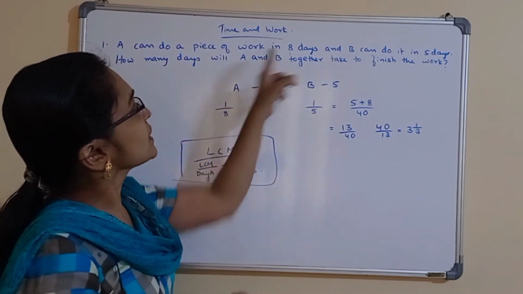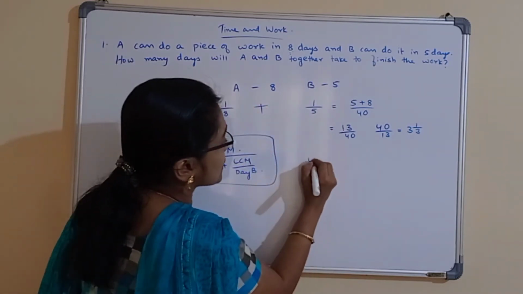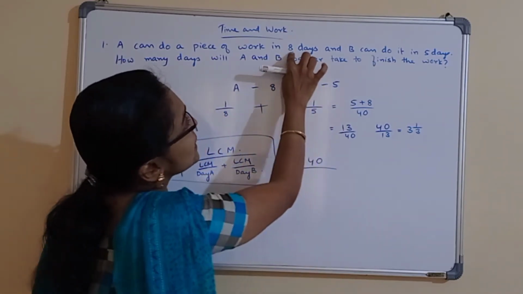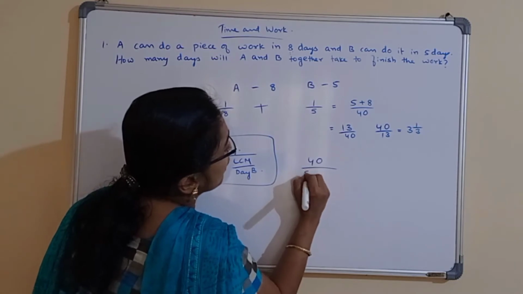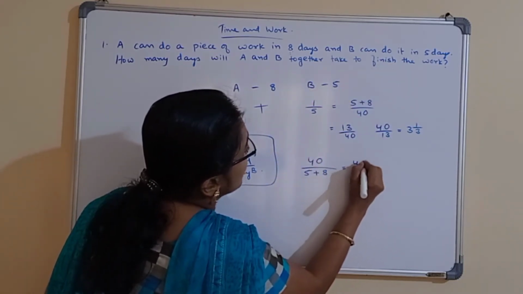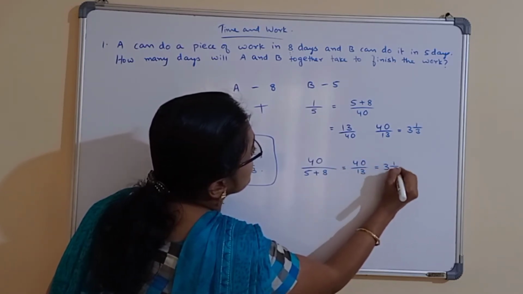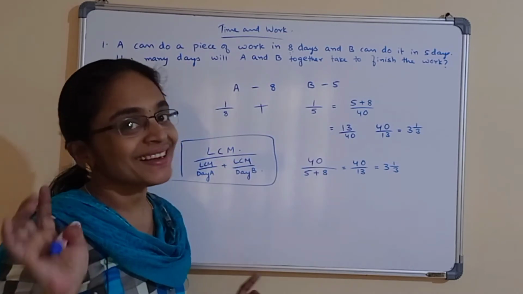So here LCM is 8 into 5, which is 40. 40 by 8 is 5, and 40 by 5 is 8, and that is 40/13, which is equal to 3 1/3. So we got 3 1/3 days.